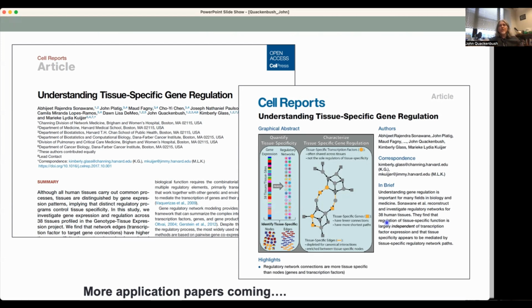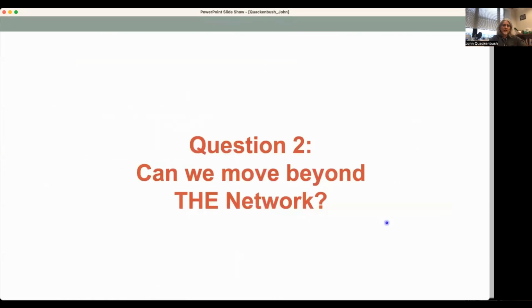And as a result, the regulatory processes were changing and altering tissue-specific patterns of expression. So this was really exciting because it starts to answer one of those first questions I put up. How does the same genome produce different cellular phenotypes? And the answer is tissue-specific patterns of regulation.